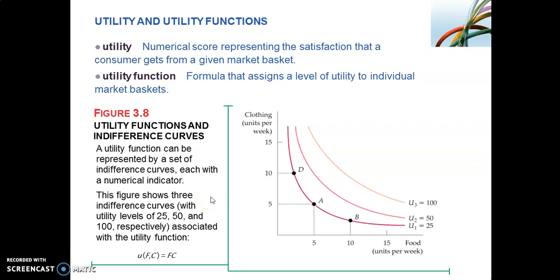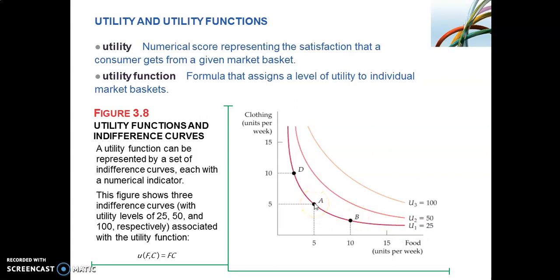A utility function can be represented by a set of indifference curves, each with a numerical indicator. In this figure, we have three indifference curves with utility levels of 25, 50, and 100 associated with this particular utility function. Let's look at U1 with a numerical indicator of 25.